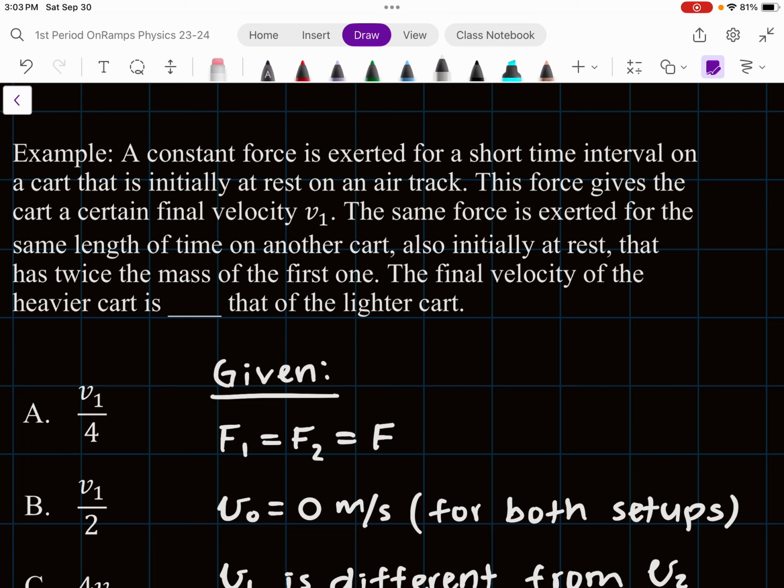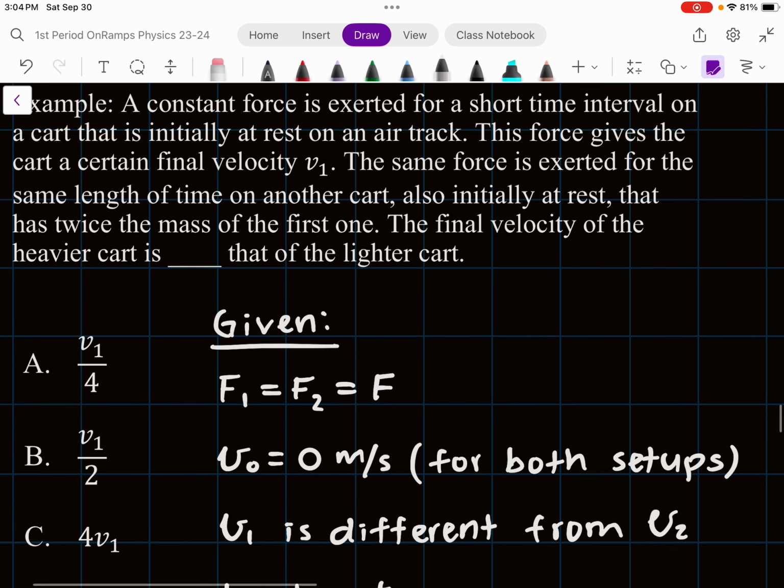Well, the setup is light at first, so you're pushing a cart with no one in it, and you needed to get to a certain speed, whatever that was. Then you have to do the same thing with people on it, 5, 6 passengers. Would you have to push for a longer period of time? Would you have to push for a shorter period of time? What would that be?